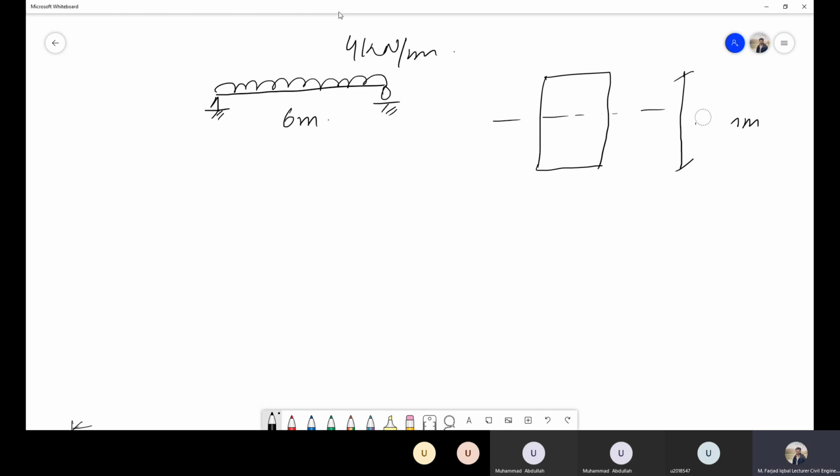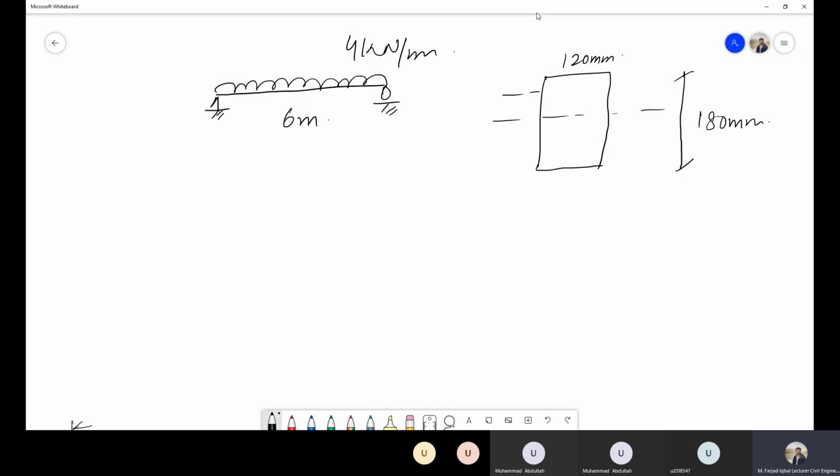No, actually this width is 120 millimeter and the height is 180 millimeter.